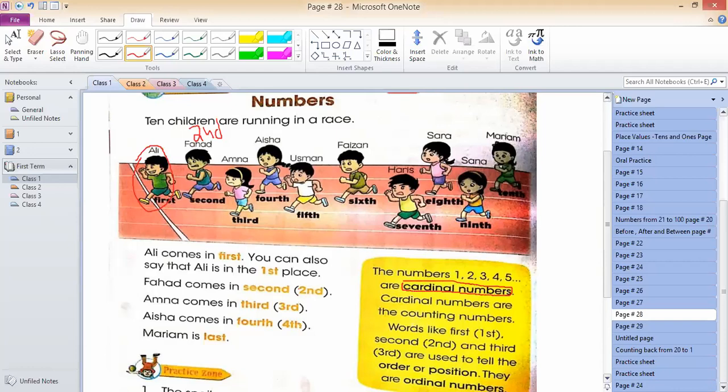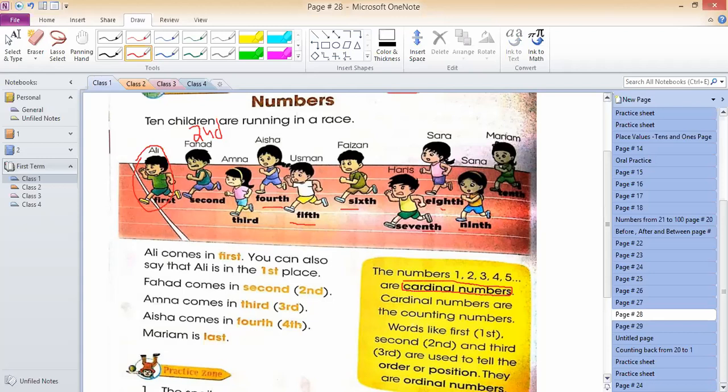So here, guys, we are telling the position of the children, on which number they finished when they participated in the race. When 10 children participated in the race, Ali comes first, Fahad comes second, Amna is third, Aisha is fourth, Usman is fifth, Fizan is sixth, Haris is seventh, Sarah is eighth, Sana is ninth, and Maryam is 10th.